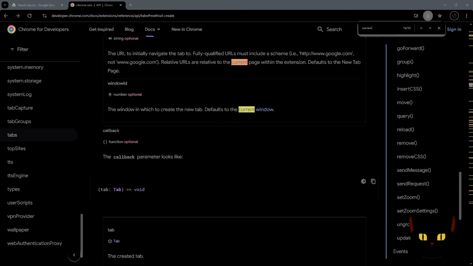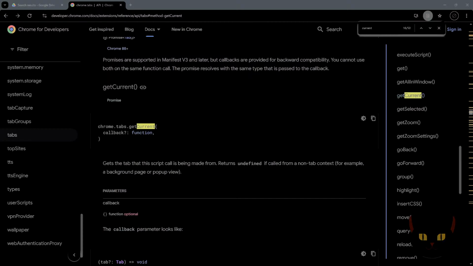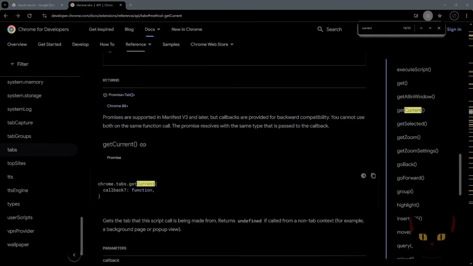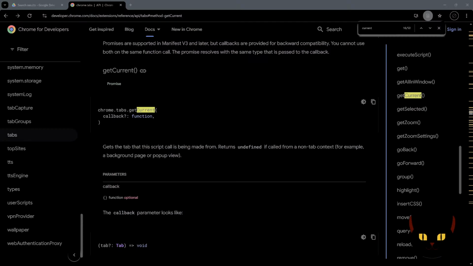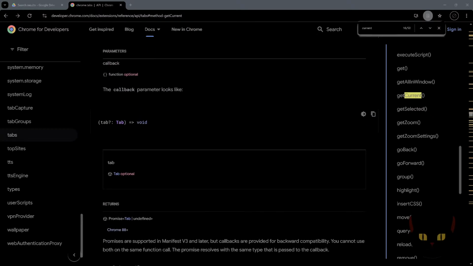Set current. It's the tab that the script is being made from. Tab void.